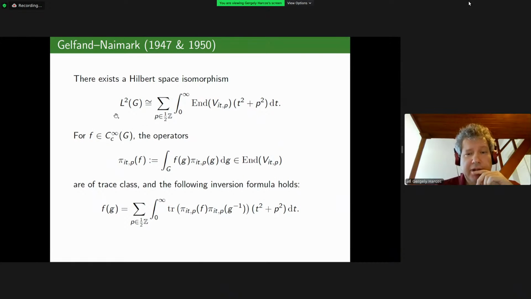And what's amazing is that if you look at a function on the left-hand side, say initially compactly supported smooth functions, then the corresponding operators in these various endomorphism pieces are fully independent.